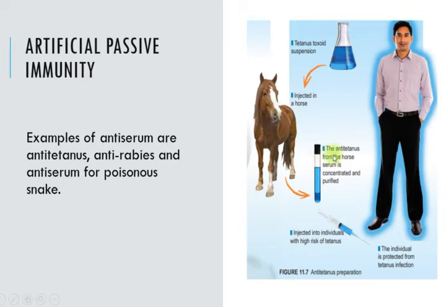And then what happens? The anti-tetanus from the horse serum is concentrated and purified and is injected into individuals with high risk of tetanus, and the individual is protected from tetanus infection. That is the anti-tetanus preparation.